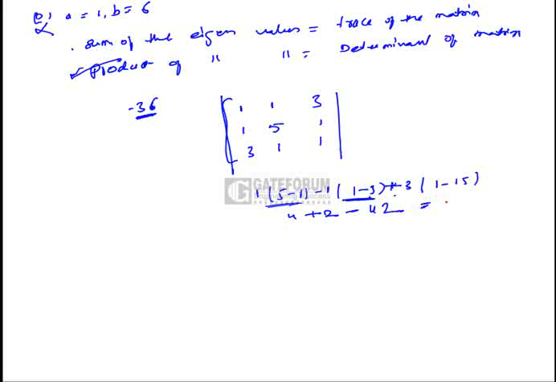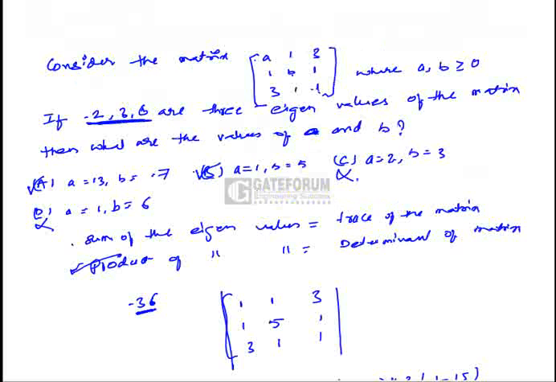So determinant will become -36. So for option B, sum of the eigenvalues is becoming trace of the matrix, and the product of the eigenvalues is becoming determinant of the matrix. So here option B is the correct option.